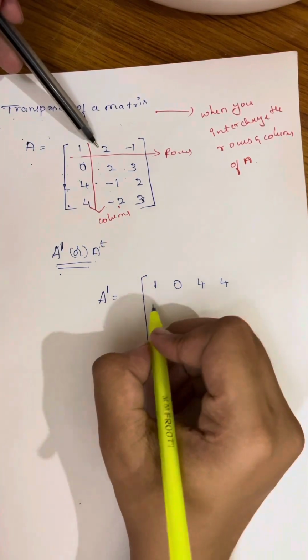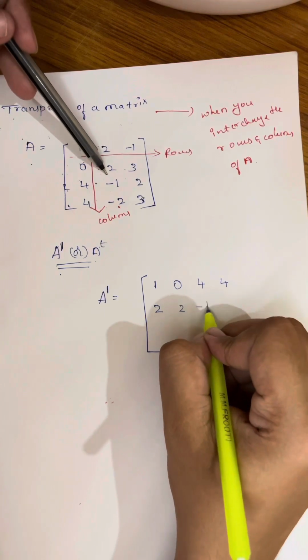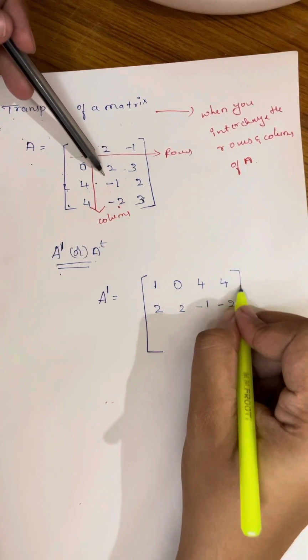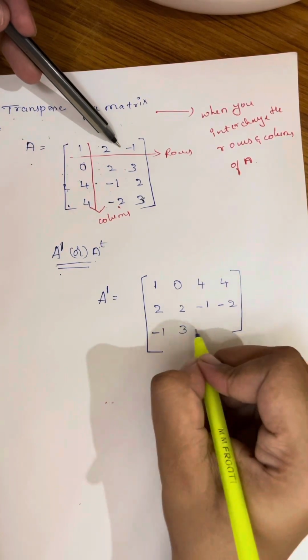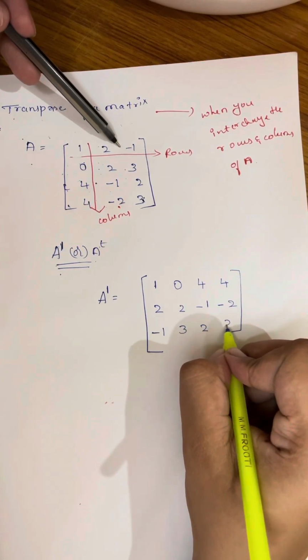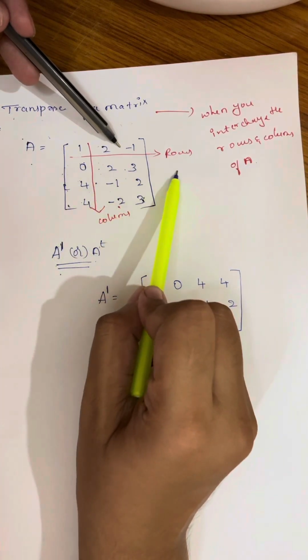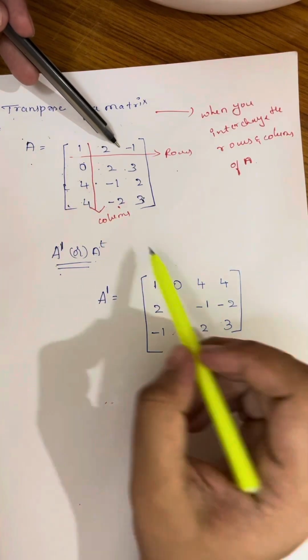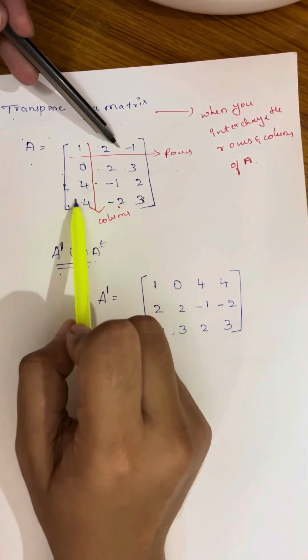Then 2 2 minus 1 minus 2, then minus 1 3 2 3. You can see 1 0 4 4 is my column, correct?